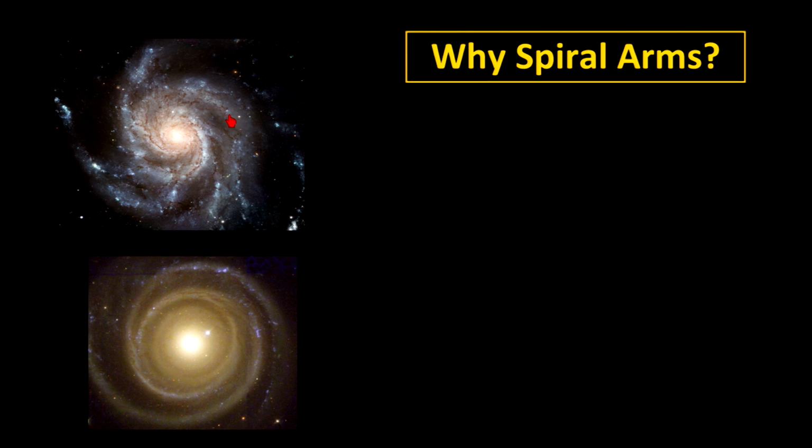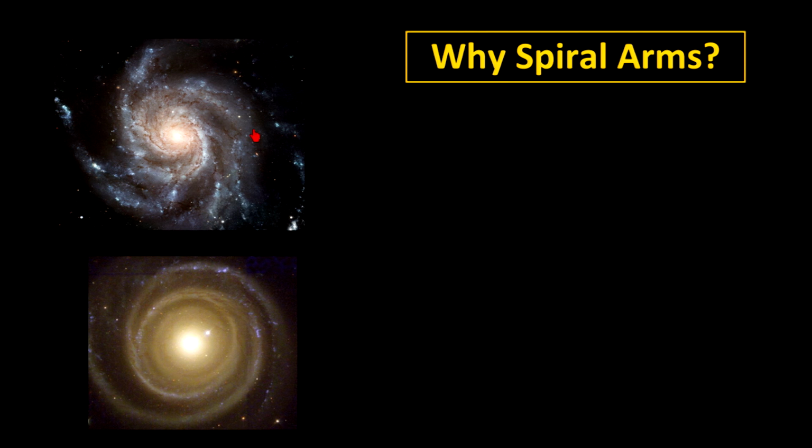What we do know for sure is that stars are moving through the galaxy, moving around like this, as I'm showing with the cursor, and they all move at various speeds. Some of the stars move faster, and some move slower.